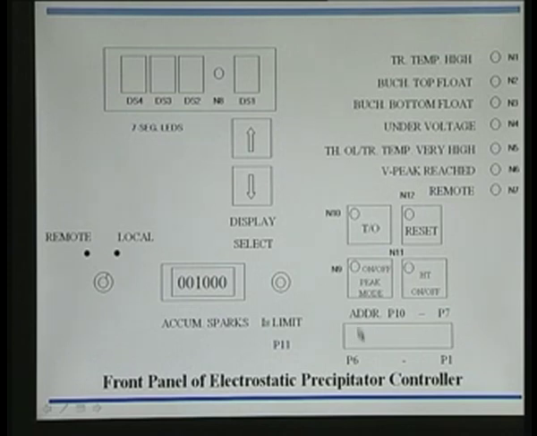There will be two BCD switches just underneath, the address, that furnish the decimal identification number for the controller. You can identify from 0 through 99. That means 100 such controllers can be networked, and there can be one common computer system from which you can control or change the parameters of any of these controllers.